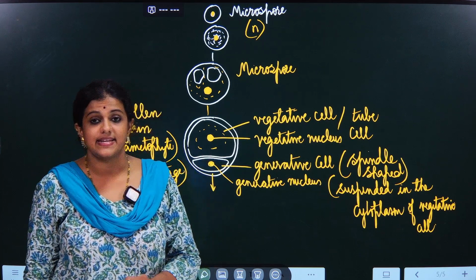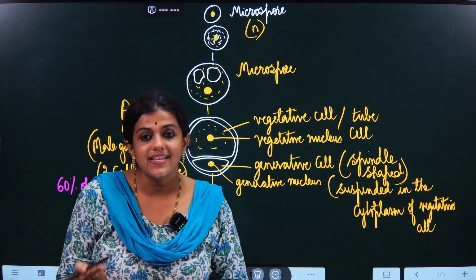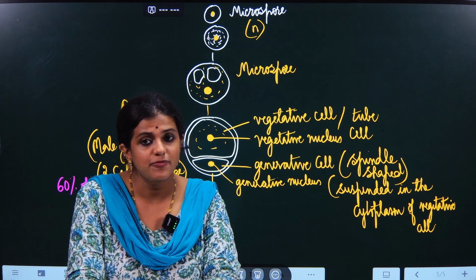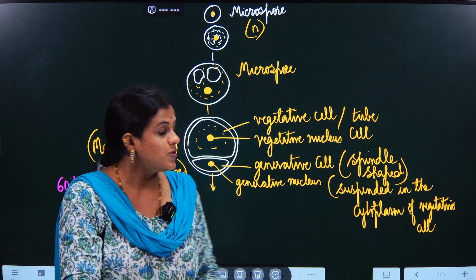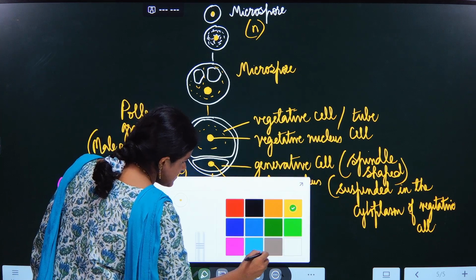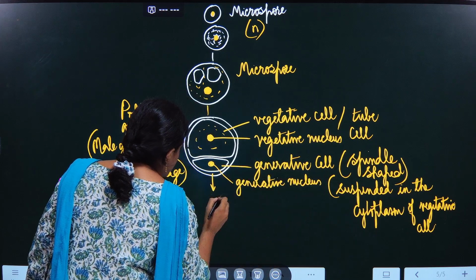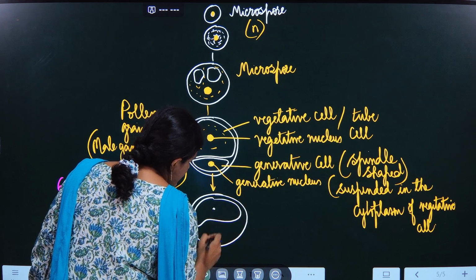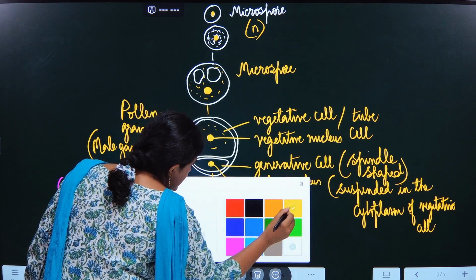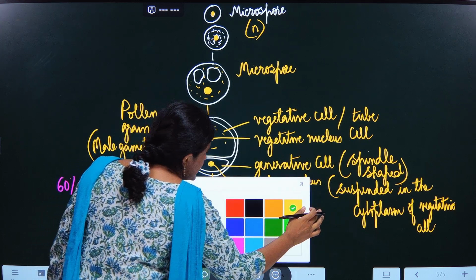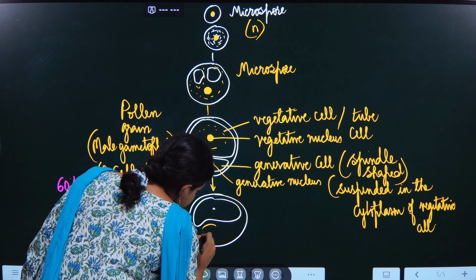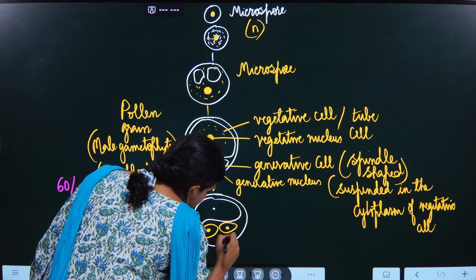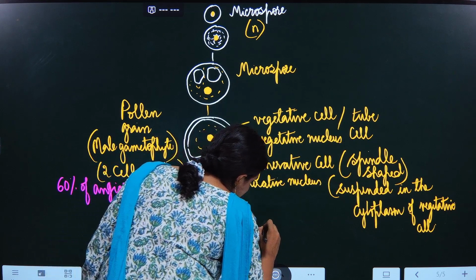The generative nucleus will again undergo a mitotic division. How many daughter nuclei will be formed in mitotic division? Two. So if this is the vegetative cell, this generative cell will further undergo mitotic division to form 2 male nuclei.